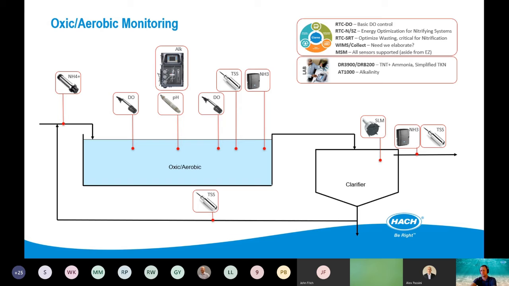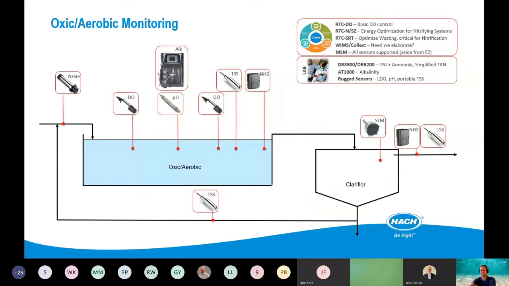And then as we move into the finer points on the top right here, we would be lacking if we didn't talk about the laboratory. If we have an operations laboratory, or if you have an on-site laboratory, all of these parameters that you see here and many, many others can be managed and properly tested and analyzed with the Hach DR 3900.